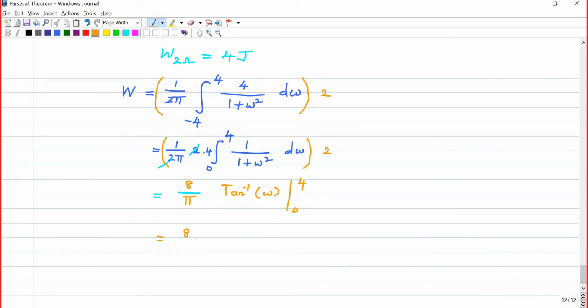So 8 over pi into tan inverse 4. Okay, tan inverse 0 is 0. So use radian mode. Can you find out what is tan inverse 4? 1.3258 into 8 over pi.